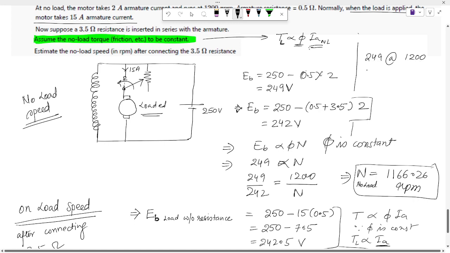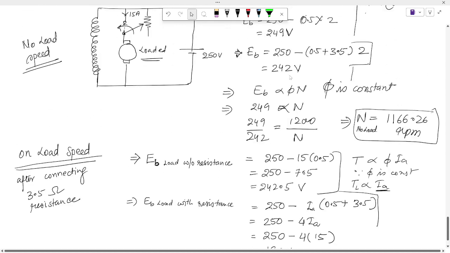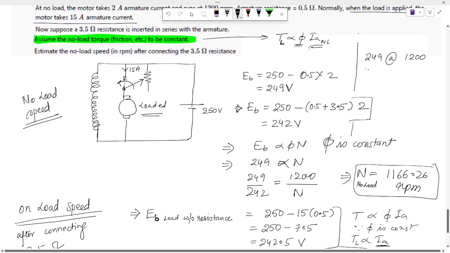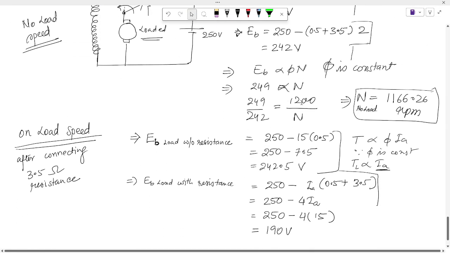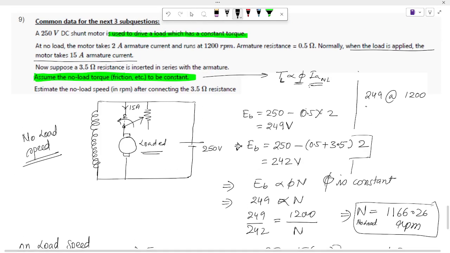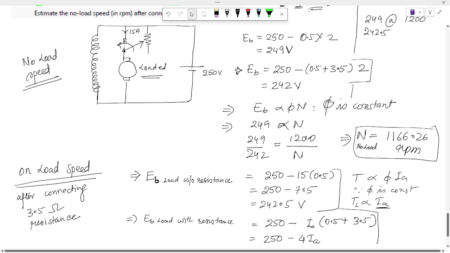Now 242.5 is the back EMF under the without resistance case.